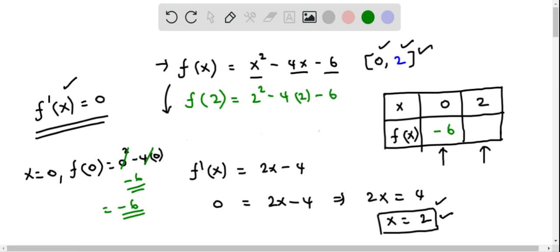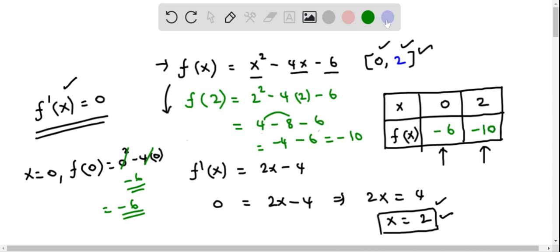So we get 2 squared is 4, and minus 4 times 2 is minus 8, minus 6. 4 minus 8 is minus 4, minus 6. So we get minus 4 minus 6 is minus 10. So I put minus 10 when x equals 2.